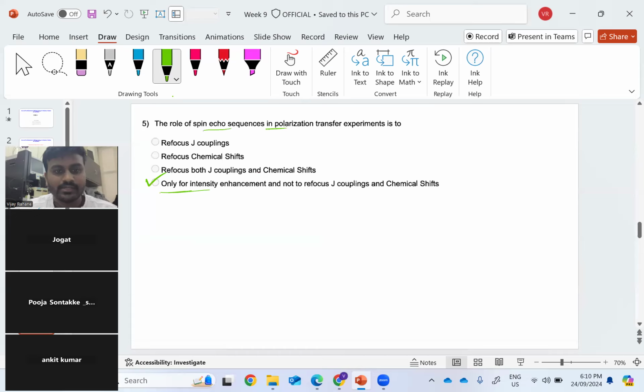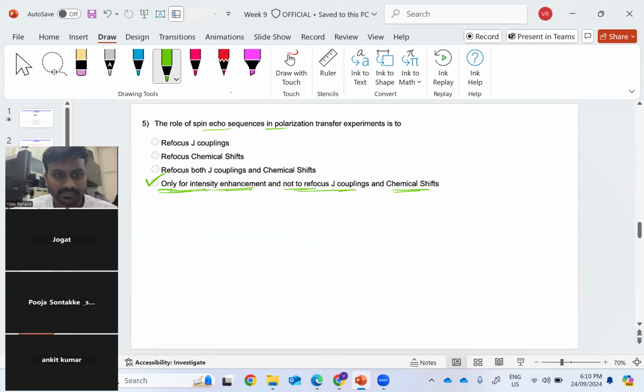So you should know the theory behind this one. For this one, it is only for intensity enhancement, and does not refocus J coupling as well as the chemical shift value.